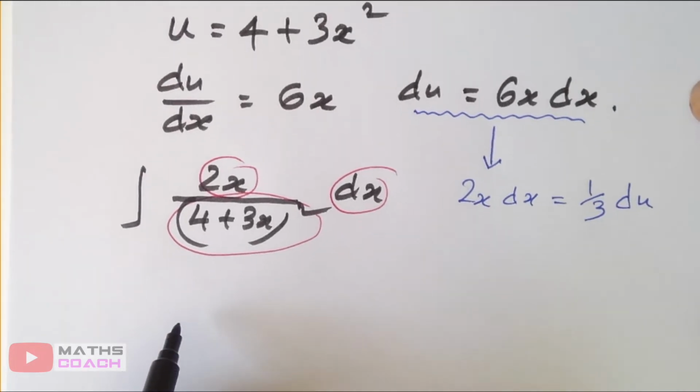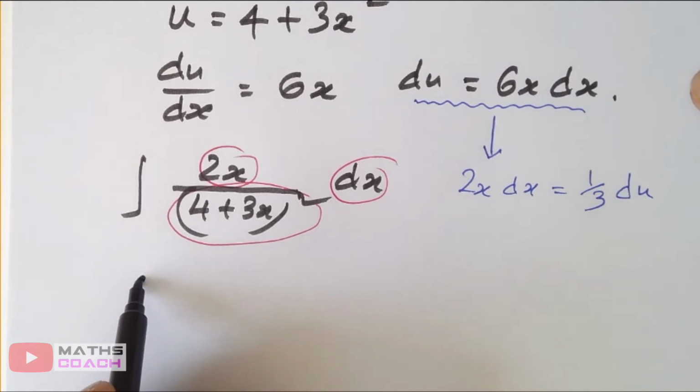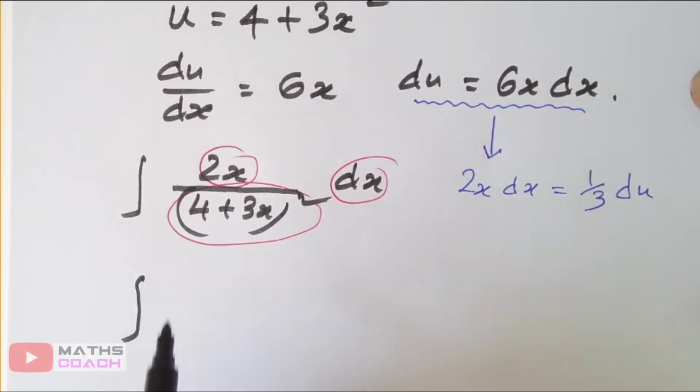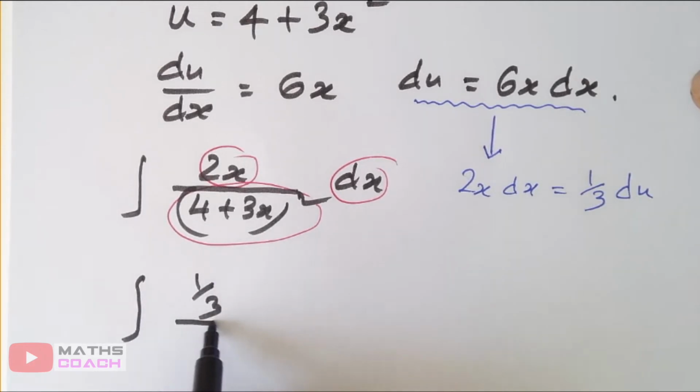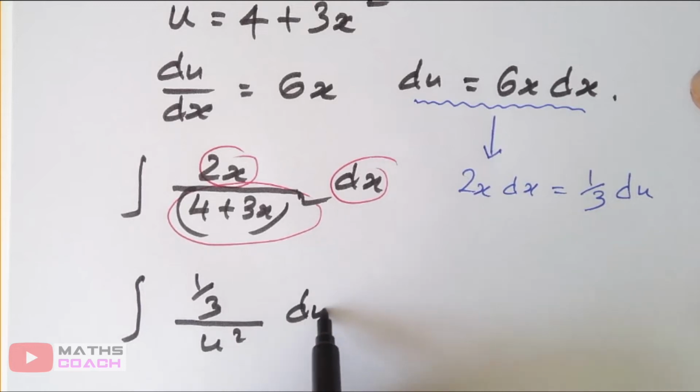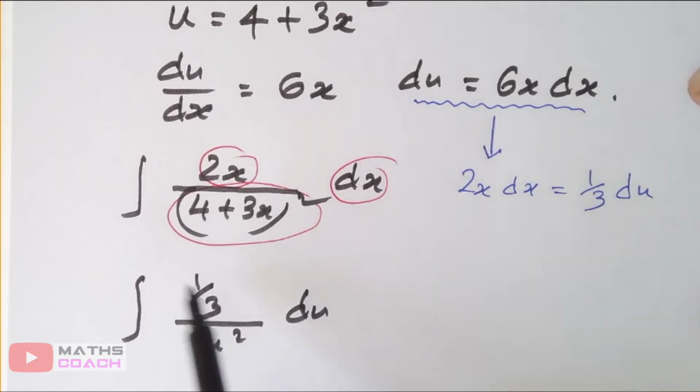Okay, so we can now write integration 1/3 over u squared du. Even though that doesn't look very pretty at the moment, that has now been fully substituted.